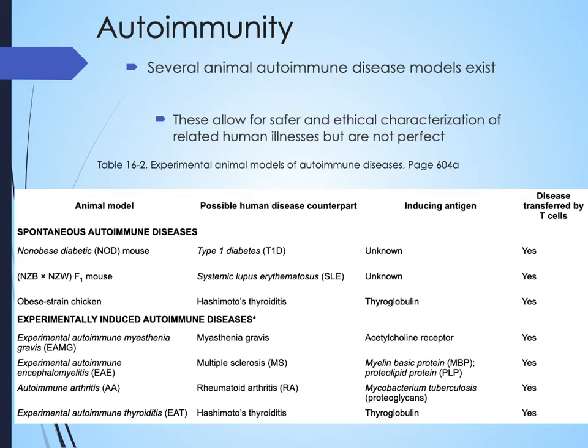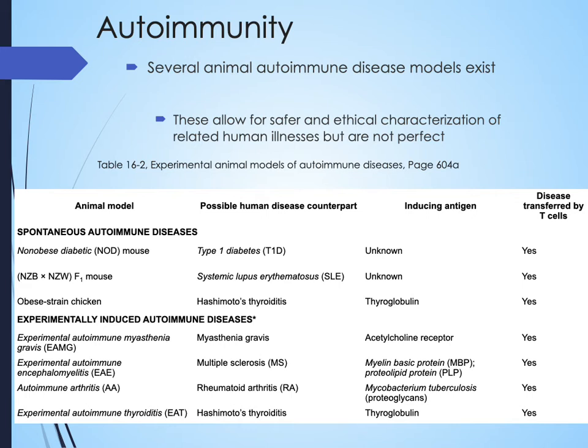What's interesting with some of these models is that you can take T cells from one of the mice and transfer them in, and the T cells alone can induce disease. That's what I looked at: after other labs had identified T cells that could induce diabetes in these mice, I looked to find out what the antigen was, what the T cell receptor was binding to.